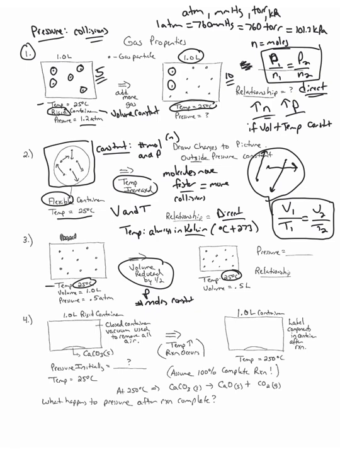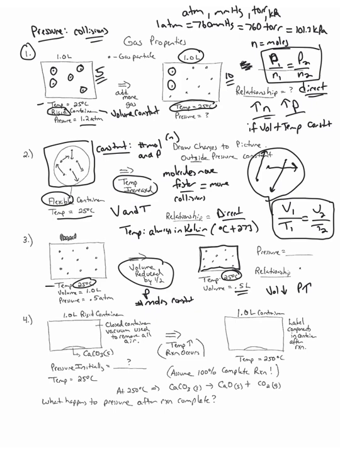So now we're going to make the volume of the container smaller. Well, if the volume of the container is reduced, what is that going to do for the number of collisions of the gas molecules to the walls? Because the container is smaller, there's less room for the gases to move around, and therefore they will strike the walls of the container more frequently, and that's going to cause an increase in pressure.